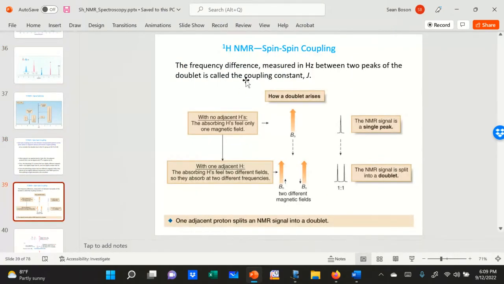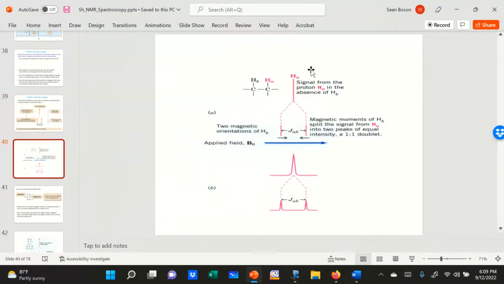If you have an absorbing proton and a neighboring proton on the next carbon, like in this scenario, the pink proton being the absorbing proton has one neighbor. The neighboring proton can be aligned along the field or against the field, causing our original signal to interact with these two orientations and thus split into two. So one becomes two, and we call it a doublet.